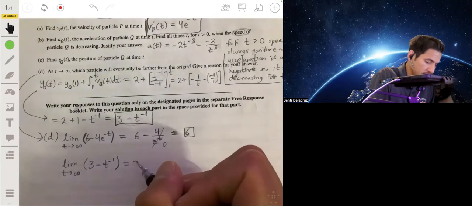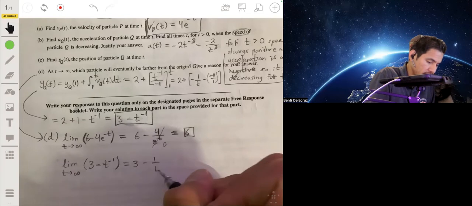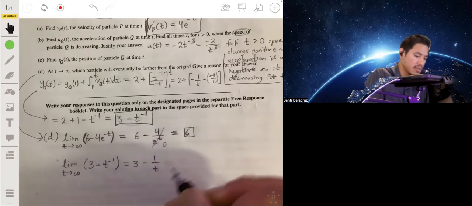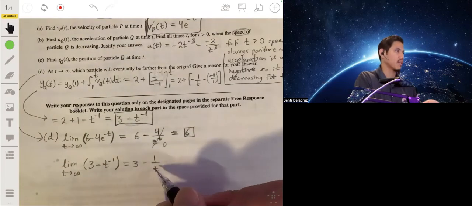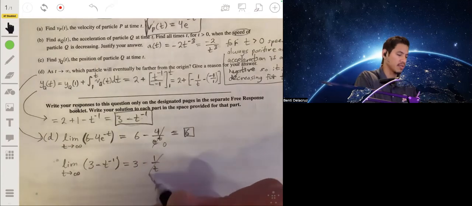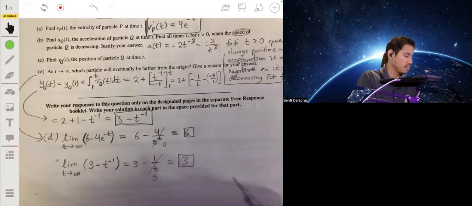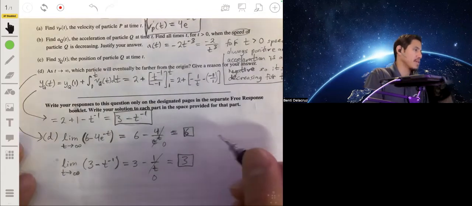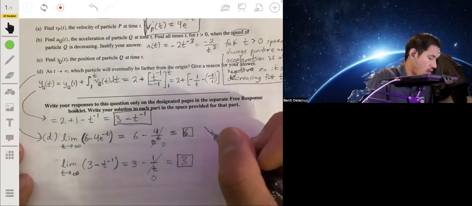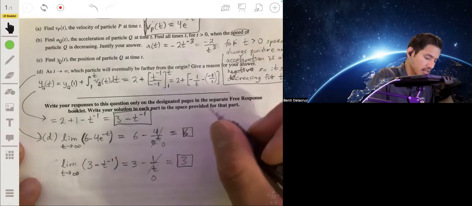Now, likewise, this will be 3 minus 1 over t. And if we're going to plug in a huge number for t, like a billion, 1 over a billion goes to 0 as well. So the limit will be 3 for this one. So then we can say that particle p will be farther from the origin as t goes to infinity.